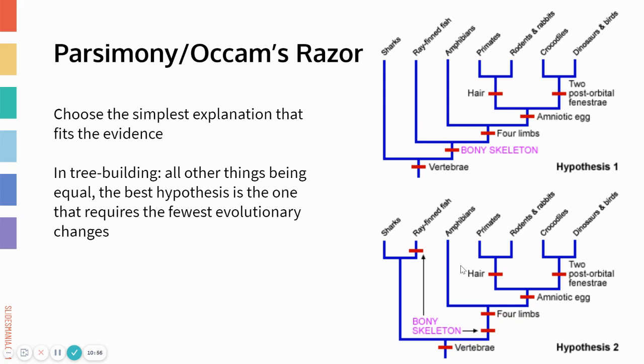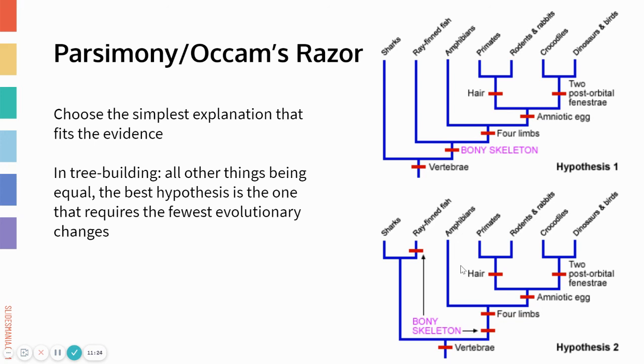It's also called Occam's razor. And this is the idea that, all other things being equal, you choose the simpler explanation. So particularly for tree building, if you have no other evidence to the contrary, it's better to have a trait only evolve once, because it's more likely that a trait is going to evolve once and get passed on to a lot of different organisms than have a trait evolve a bunch of different times.